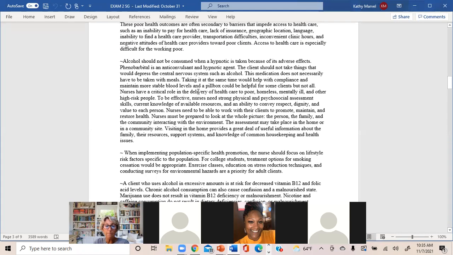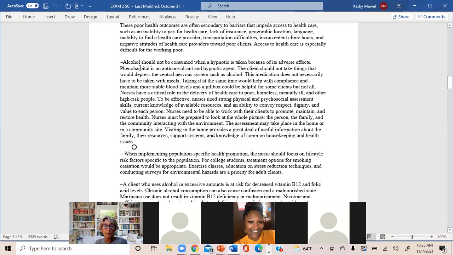Okay. And then the first part of this covers alcohol, right? And the risks and the adverse effects of alcohol and taking other kinds of drugs, right? You need to be aware of this because you may be using this information at a primary, secondary, or tertiary level.